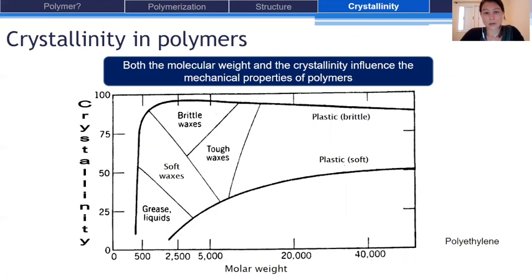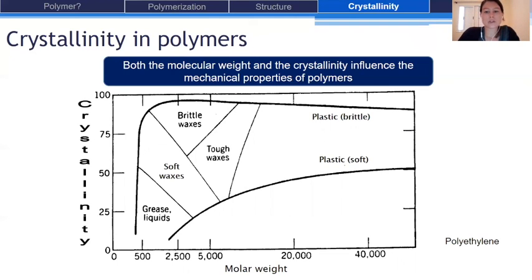And now talking about the impact of crystallinity, we say that the molecular weight influences the mechanical properties of polymers, but the crystallinity is also really important. And crystallinity also depends on the molecular weight of the polymers.